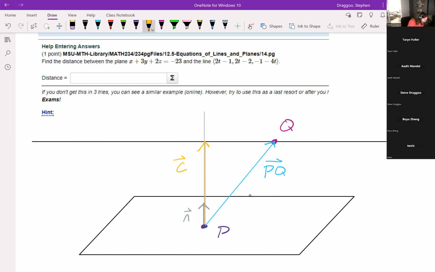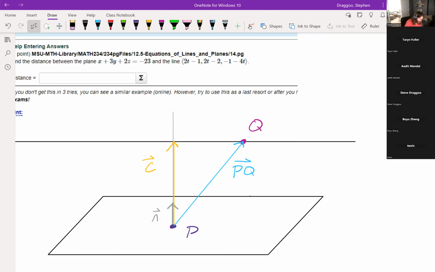If we look at our line, and it looks like it's a parametric equation, I just need any point that is on that line. Let's go with Q, for example. t equals 0 is a pretty easy point to calculate. So why don't we get that?